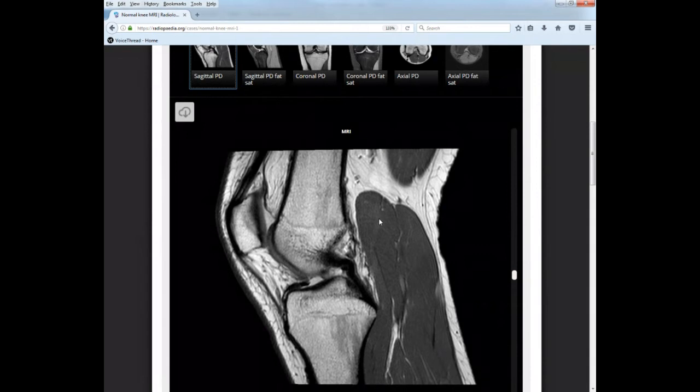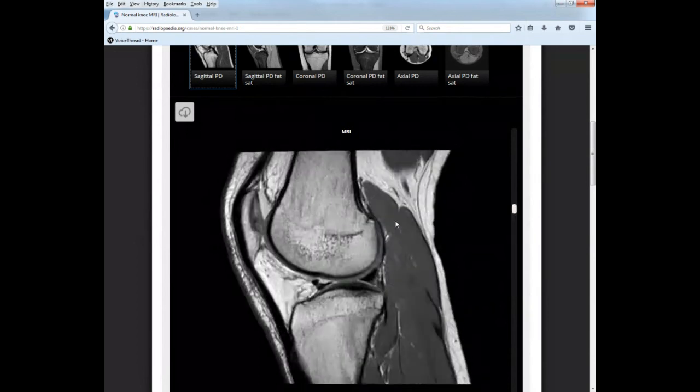And then underneath that, just under the gastrocnemius, is the soleus. So remember, the two heads of the gastrocnemius, the medial and lateral head, come together, and then underneath that is the soleus. The gastrocnemius tendon and the soleus tendon come together to form the Achilles tendon that attaches down at the calcaneal tuberosity.